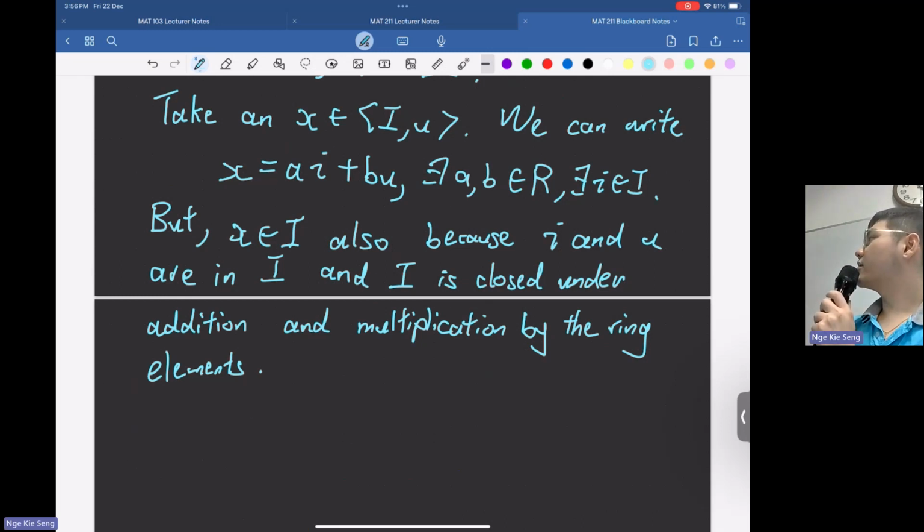Number 5, question 2B. Most of these questions are from the textbook. So if you want to check, you can check the textbook version. What did I write? 2B, right?